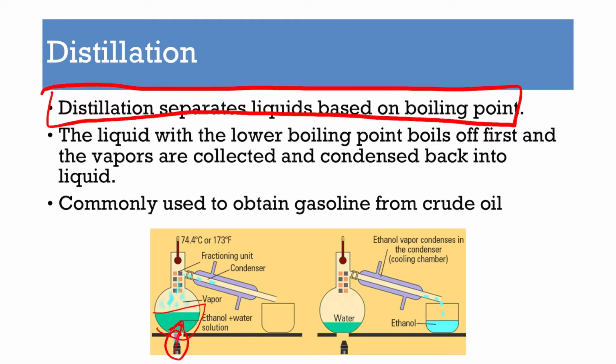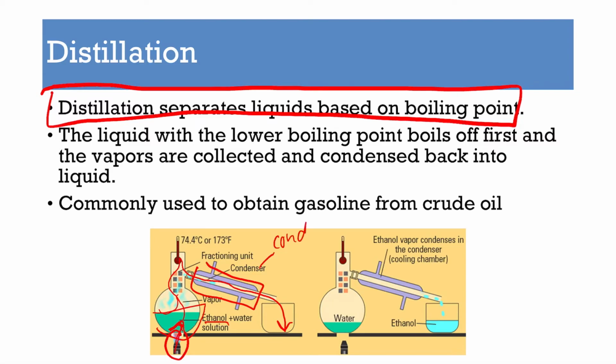So at that point, the ethanol becomes warm enough to boil, and so it changes from a liquid, ethanol, to vapor ethanol, a gas. So these vapors, because it's a closed system, have nowhere to go except follow the glassware in that direction. Now, when it goes through this tube, it passes through something called a condenser.